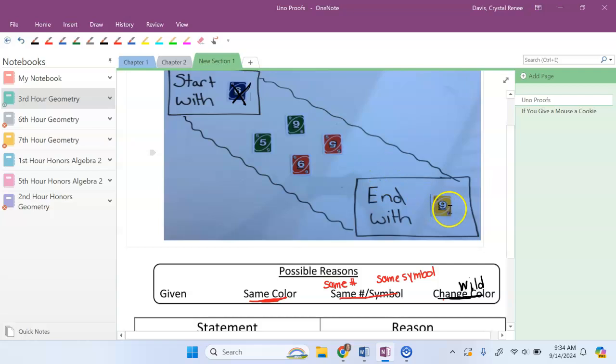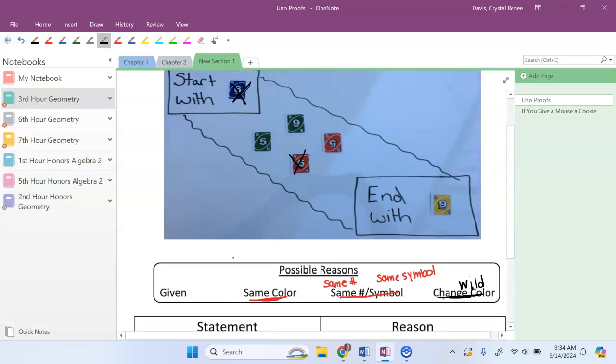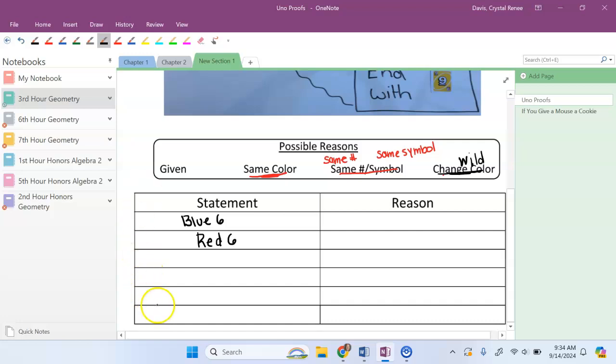After the blue 6, my goal is to get to 9 without having to draw any cards. The only thing I could use here is my red 6. So I'm going to cross that off and put red 6 here. I can't use the same card more than once. After I use red 6, there's only one card I can use, and it is the red 5. So cross that off and put red 5.